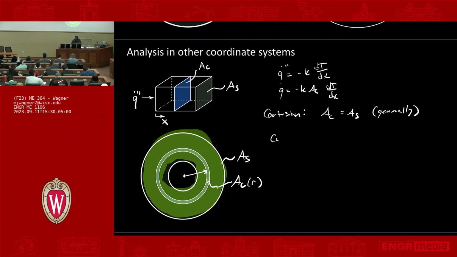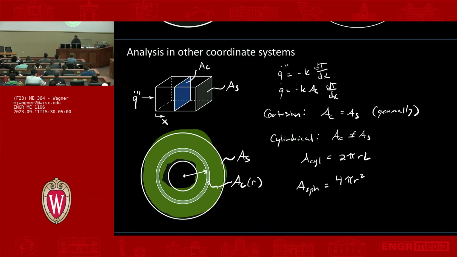For cylindrical, normally A_C is not equal to A_S. A_C is a function of r, and A for a cylinder is equal to 2 pi r L. You all remember the equation of a cylinder, but every semester there's somebody who doesn't. A for a sphere is 4 pi r squared. So when you go to plug this into your control volume, this is what you use. Maybe it's not clear yet how you're going to use this, but let's get there now.